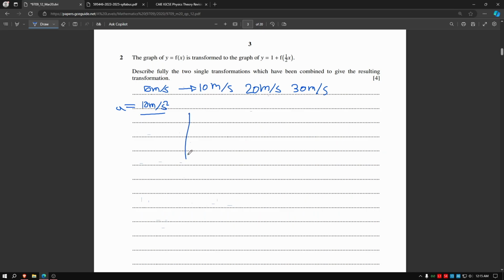How do you graph it? Draw it. This will be time, and this will be velocity. What does it look like? You start at 10, and it goes upwards. Constant acceleration means a straight line, constantly increasing. Constant doesn't mean the velocity stays the same. We are talking about acceleration being constant, not velocity.